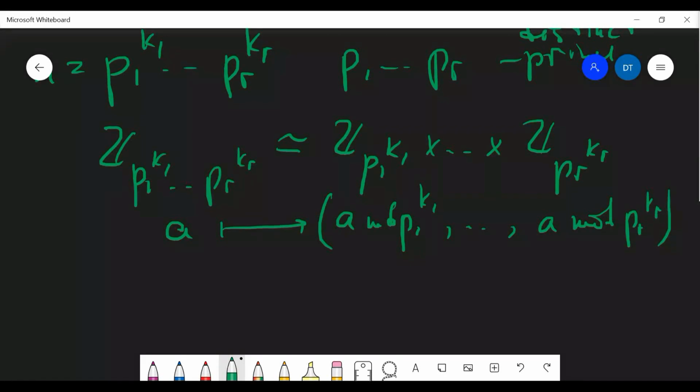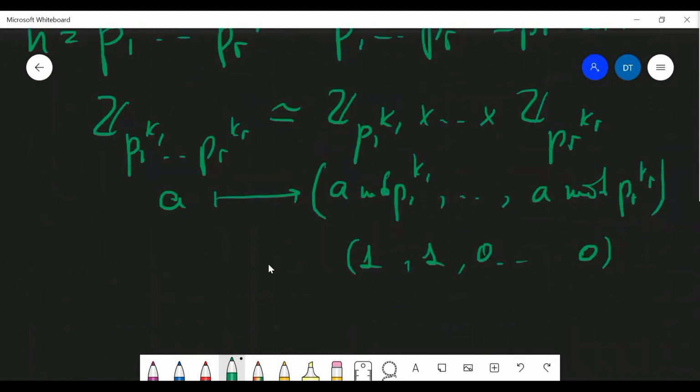It's hard to go the other way around, but you know, for example, that there is an element going to something like this: 1, 1, 0, etc., 0. So you can take a sequence here consisting of 1s and 0s. Then if you multiply this sequence by itself, you consider y squared, the result will be y, because the operation on the right is a coordinate-wise multiplication.